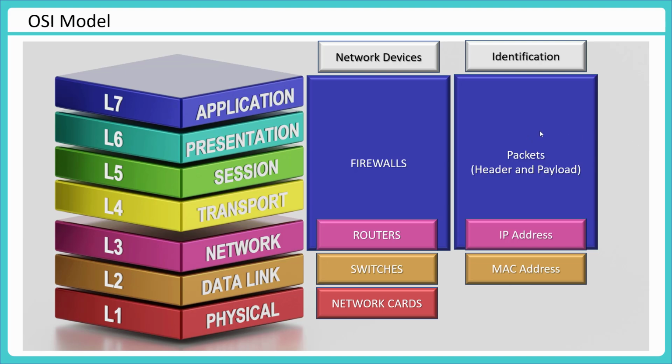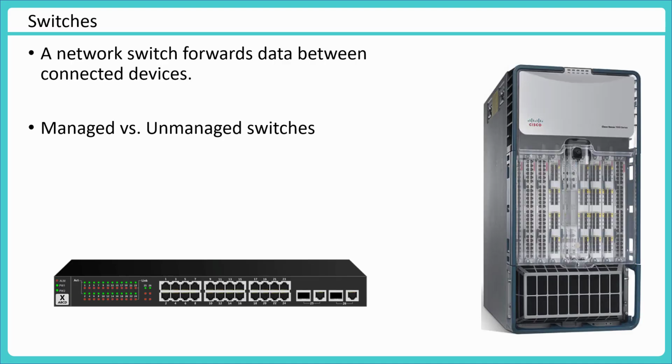Now let's talk a little bit about switches. When you are building a network, the first thing you would need to set up in your physical infrastructure would be switches probably. A network switch forwards data between connected devices. In the initial days, let's say if we had 2 devices to communicate, between these 2 we could have created a cable connection, and through that things would work out. But what if I have to add a third device?